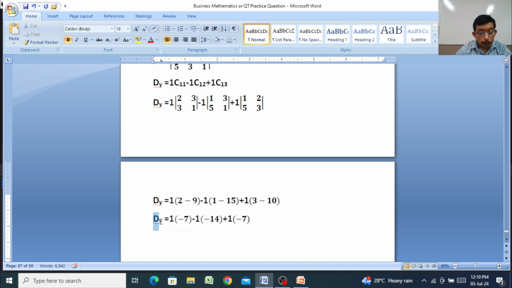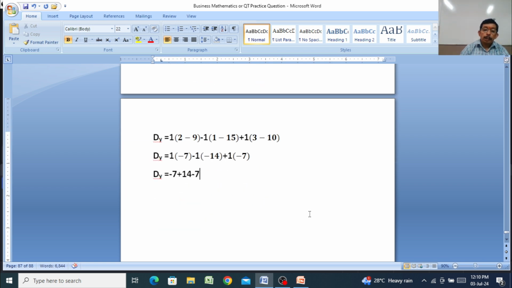The dy is equal to minus 7, plus 14, minus 7. The value of the determinant is 0. So dy is equal to 0.